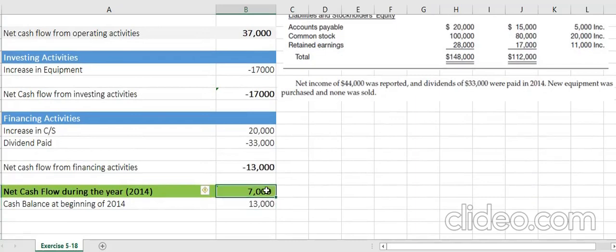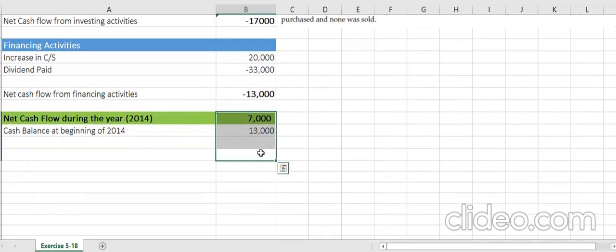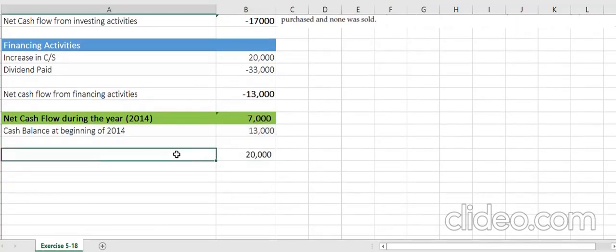And during the year we had 7,000 more, so 13,000 was already available and 7,000 cash was newly created. If I add them, we get a net value of 20,000. We can say that this is the cash balance at the end of the year, or ending cash balance of year 2014.